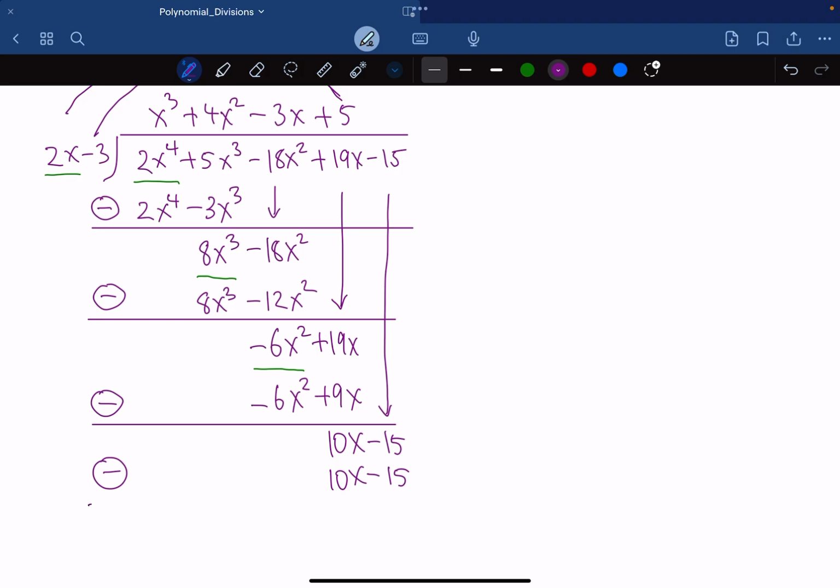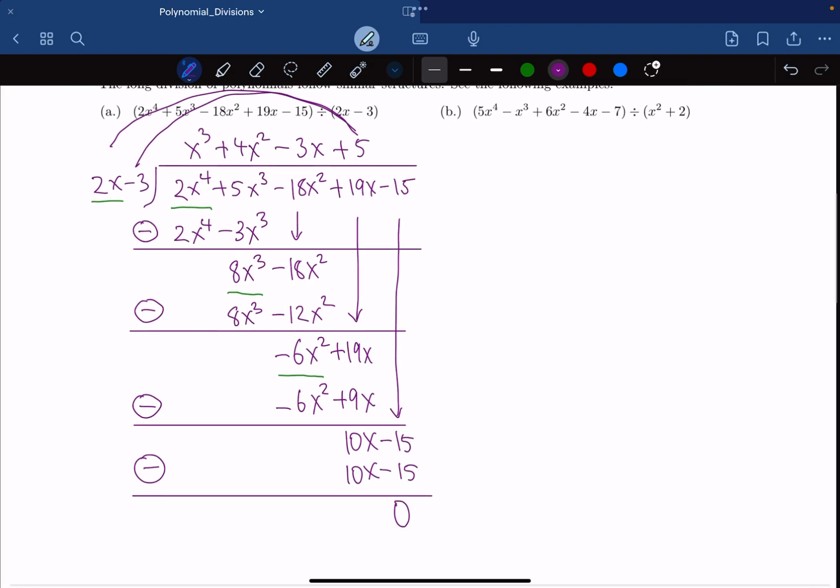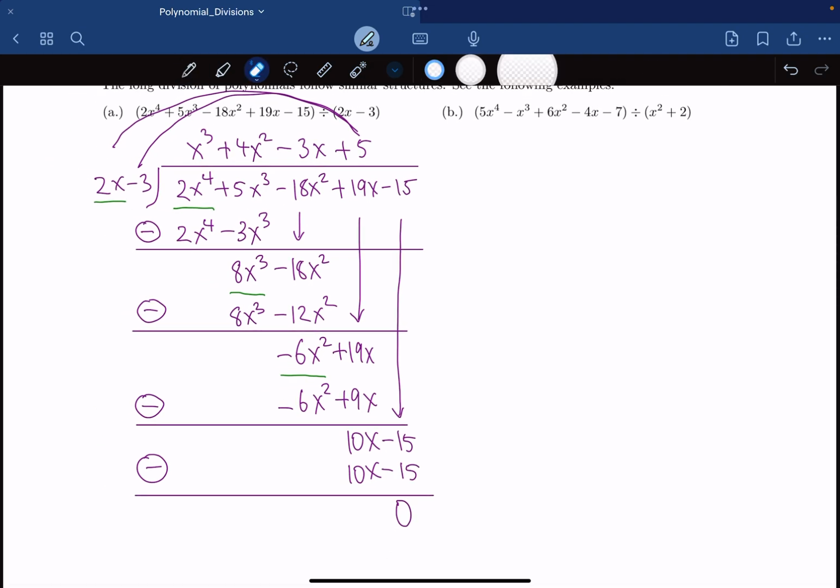And I subtract. Both of these are going to cancel each other out. 10x minus 10x goes away. Negative 15 minus negative 15 goes away. So I just have 0. And that is it for my long division.